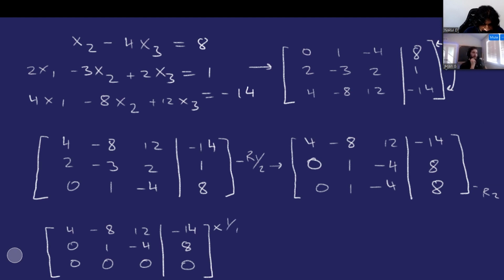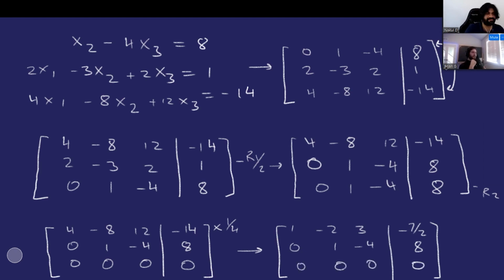You do that, it becomes 1, -2, 3, and what's -14 over 4? Just -7/2, right? Yes, -7/2. And this stays the same: 0, 1, -4, and 8. Then 0, 0, 0.